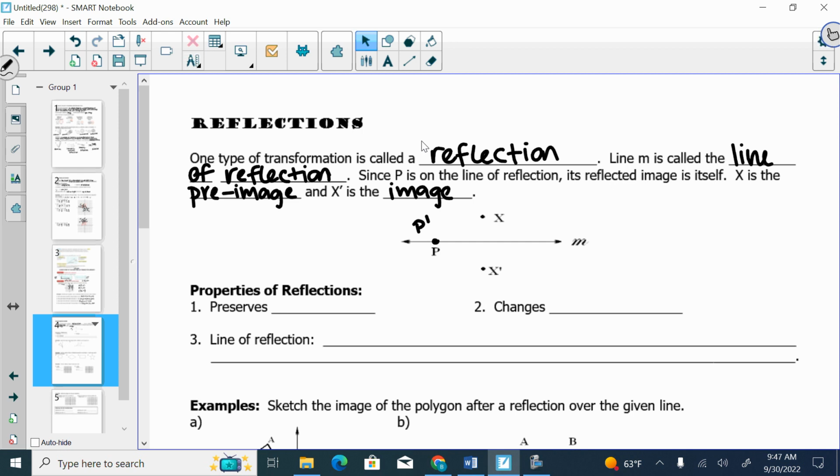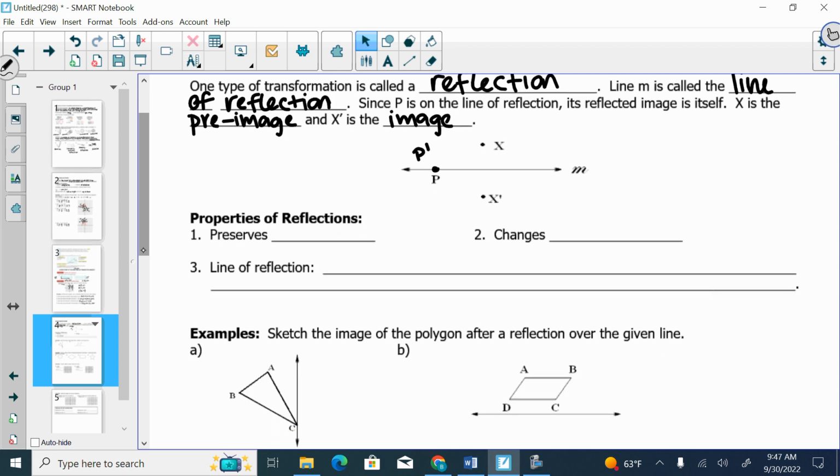Okay, and our properties for reflections are going to be that they also preserve congruence. But instead of preserving orientation, it's going to change your orientation. And remember, orientation is just the way it faces.